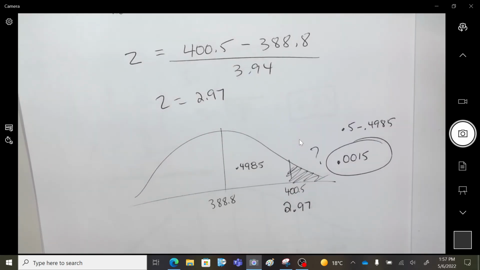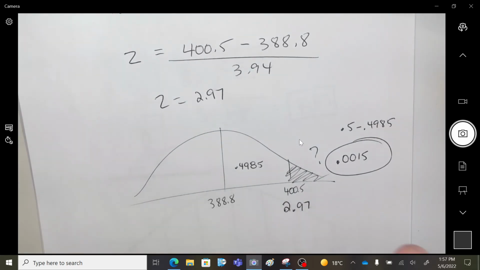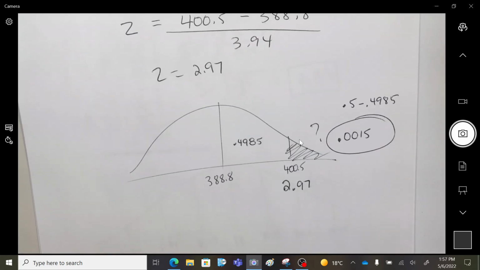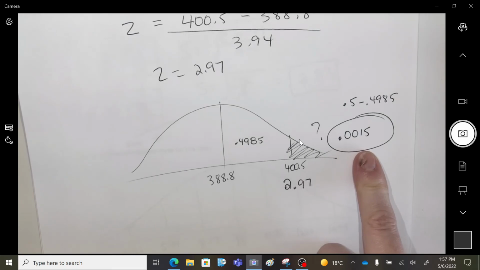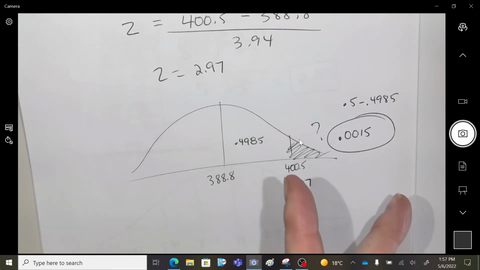Okay, so to get the above it, because I want to worry about overbooking, so that's anything above that, I'm going to do the 0.5 subtract. This just says what's the probability.